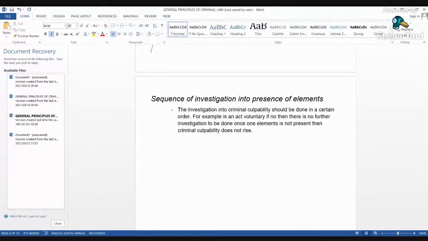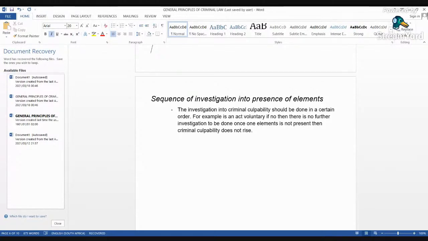That is the principle. So you do not have to investigate further if there is compliance with definitional elements. As I mentioned earlier, you do not have to investigate anything else. It simply falls away. It's a four-legged chair: the moment one leg is missing, the chair cannot stand.